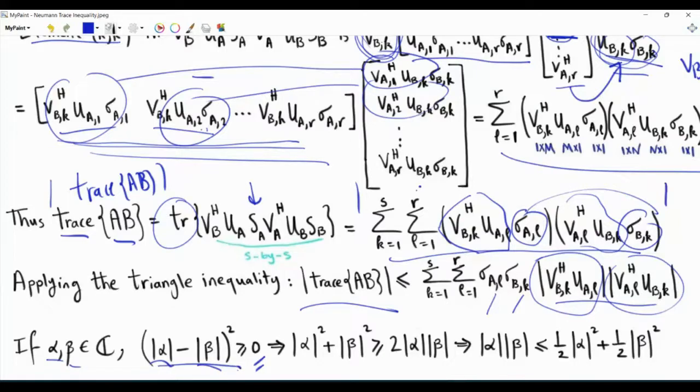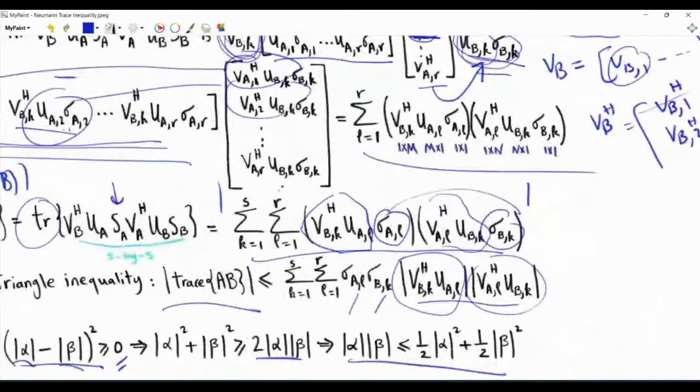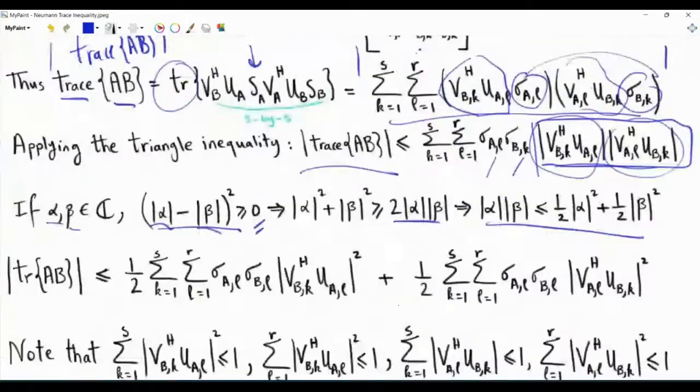Just expand this square, and so you will get magnitude alpha squared plus magnitude beta squared minus 2 magnitude alpha magnitude beta, which can be moved to the other side. Divide both sides by 2, and then you get this inequality, which will be applied to this product of magnitudes here. And now the upper bound on the magnitude of the trace of the product AB can be written as two terms, two double sums. Okay.